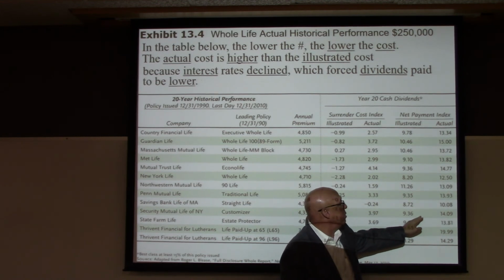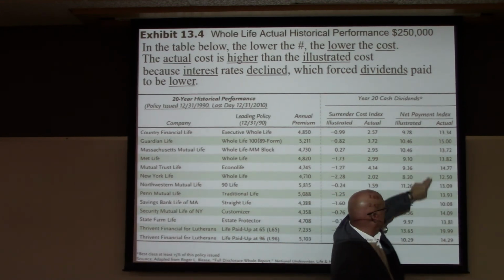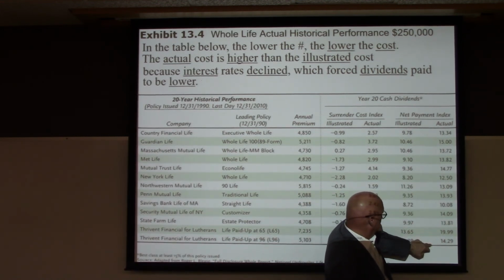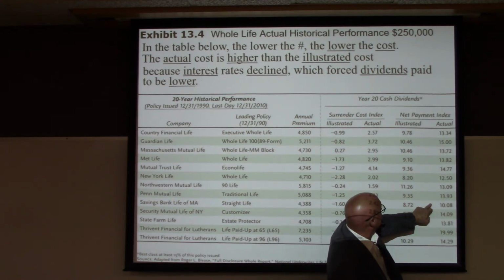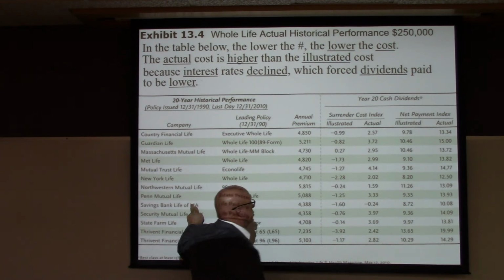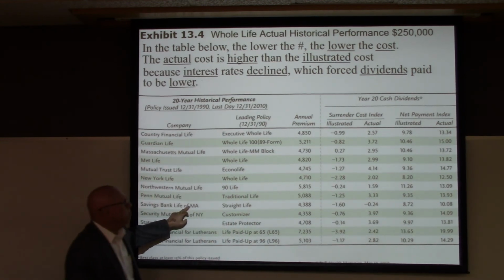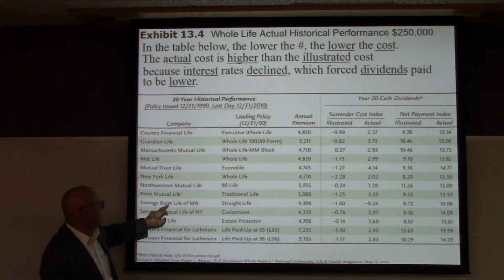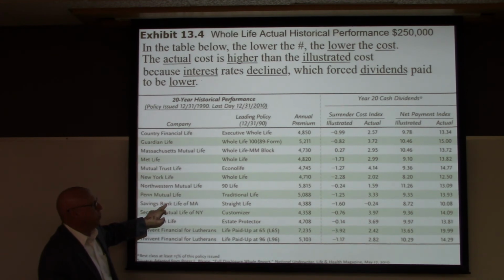And if that's going to be the case, then you would look at the net payment index, and again, where do we find that lowest number? It looks like $10.08, and that's Savings Bank of Massachusetts once again. So Savings Bank must pay a really nice surrender value, a nice credited interest on that policy.